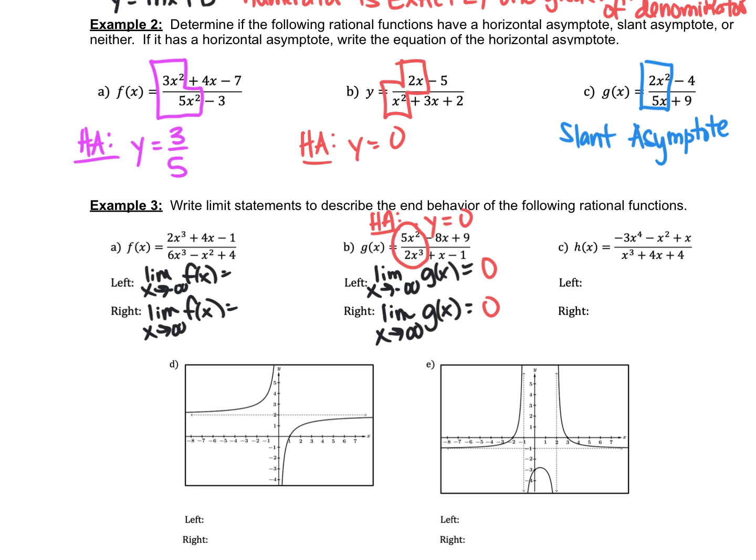So we just need to know, do we have a horizontal asymptote? What do you think? Yeah, I think so too. What's true about the 2 degrees? They're equal, so we just do the ratio of the coefficients, and what would that give me? 1/2 over 6, which is 1/3. So my end behavior statements, they both approach 1/3. They approach that asymptote.